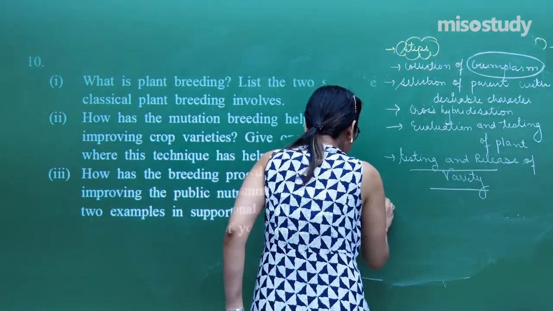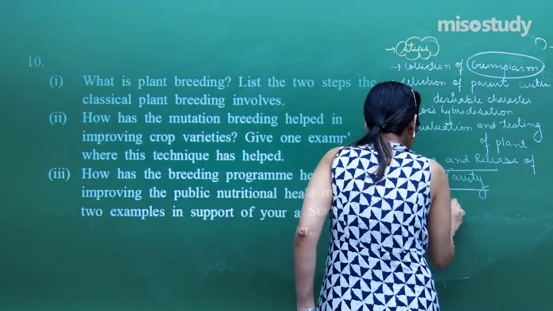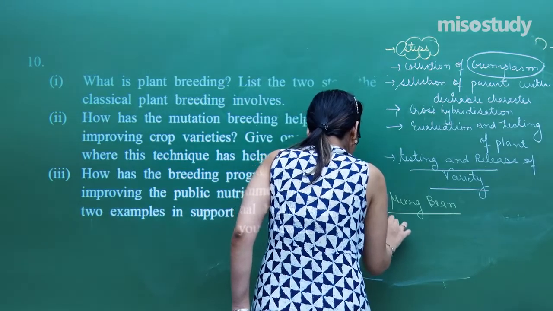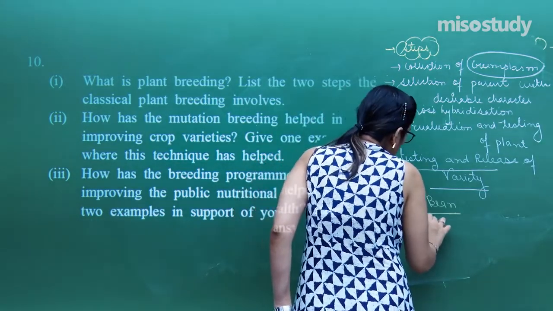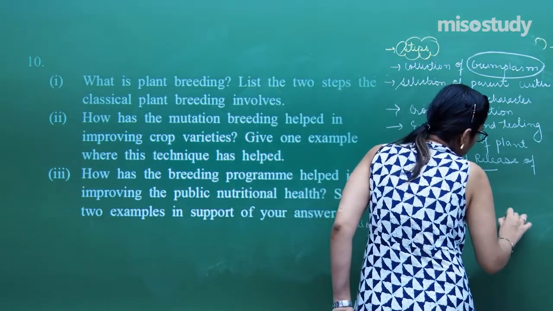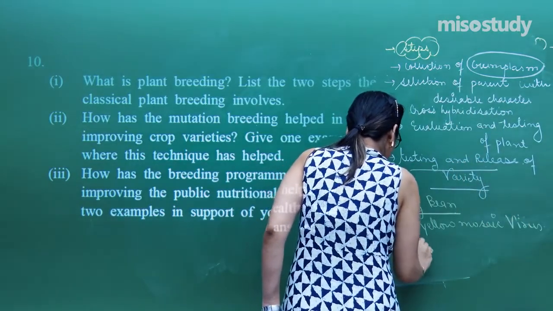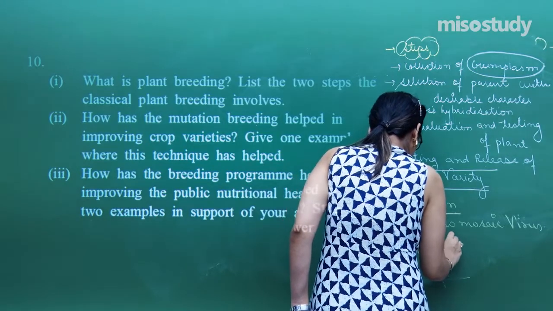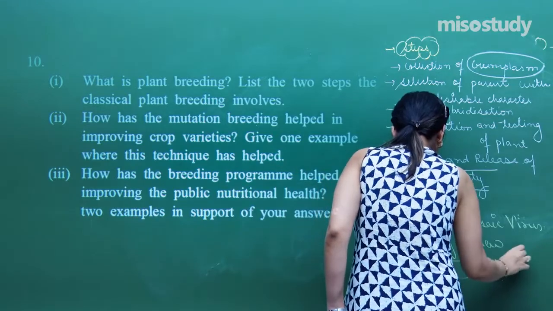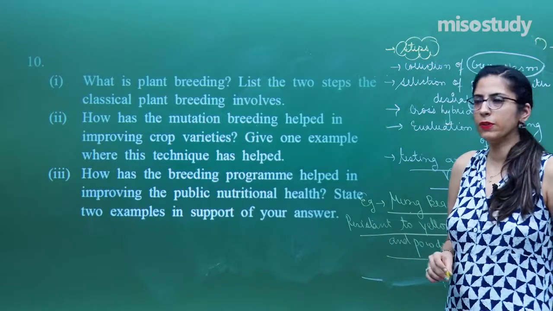One example you all must have heard of is the mung bean, which is resistant to yellow mosaic virus and powdery mildew. Right. So this is the example you can mention.